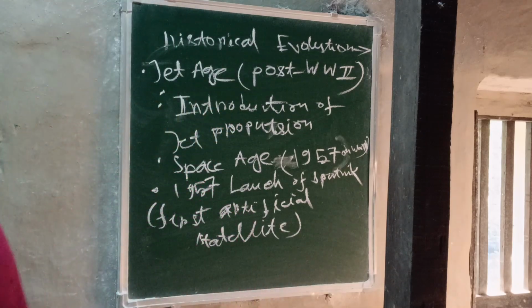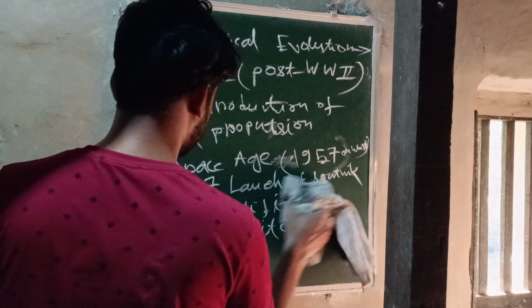Sputnik 1 was the first artificial satellite.